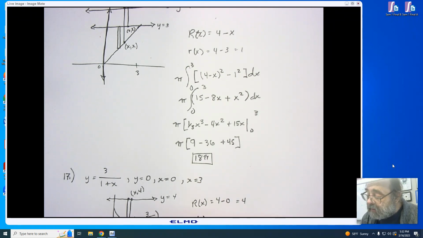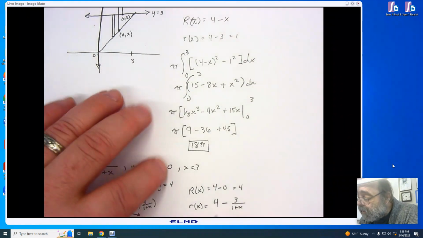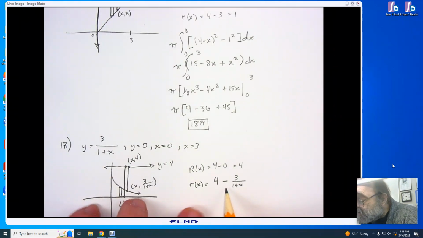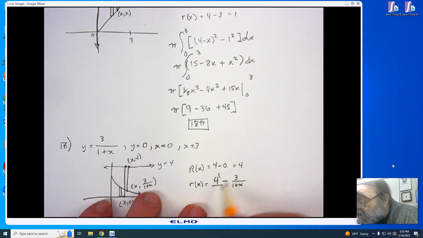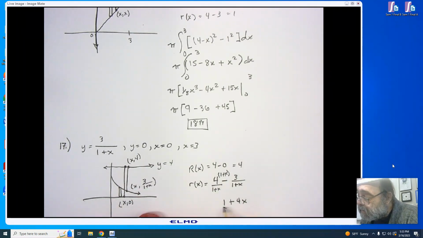Little r of x is going to be 4 minus 3 over 1 plus x, and we'll have to get a common denominator for that. So just be aware. Here we go, let's get this cleaned up. Let's call this 1 plus x over 1 plus x. That's 4 minus 3, which is 1, minus, let's see, 1 plus 4x all over 1 plus x.